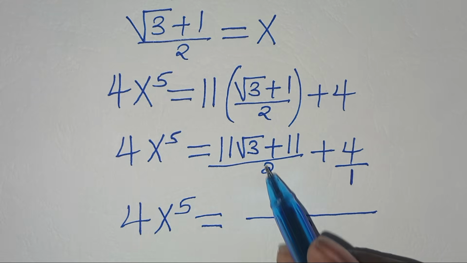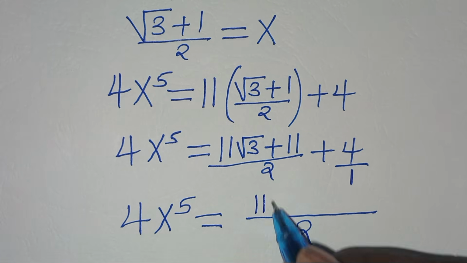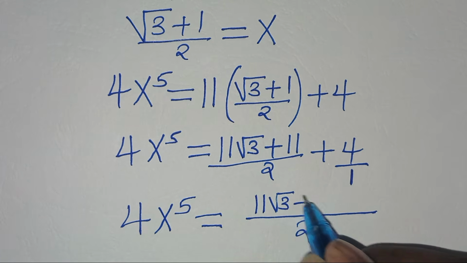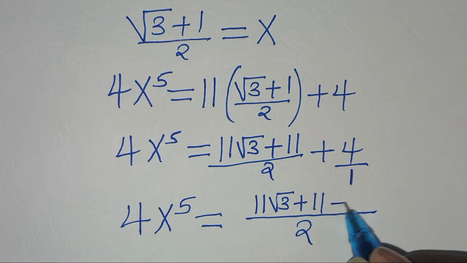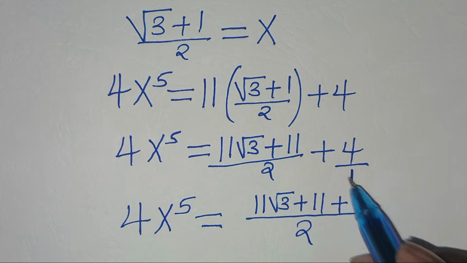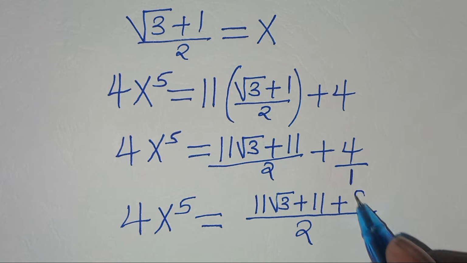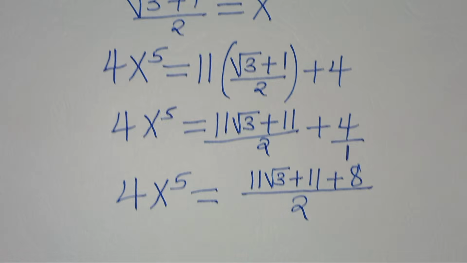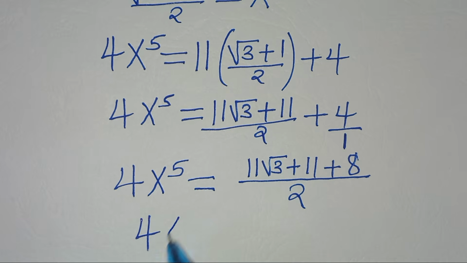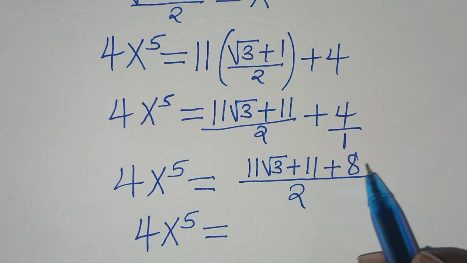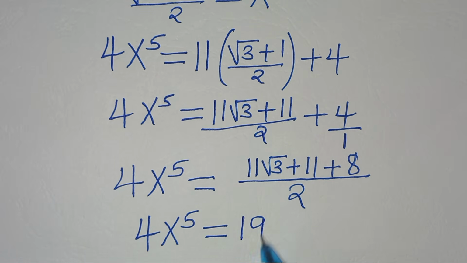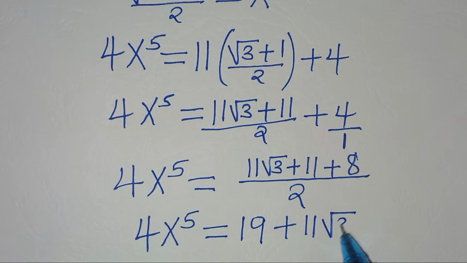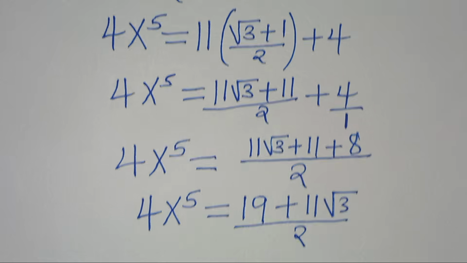So 2 divided by 2 is 1 times 11 root 3 plus 11, then plus 2 divided by 1 is 2 times 4, this is 8. So 4x^5 is equal to, now 11 plus 8, this is 19, plus 11 square root of 3, all divided by 2.